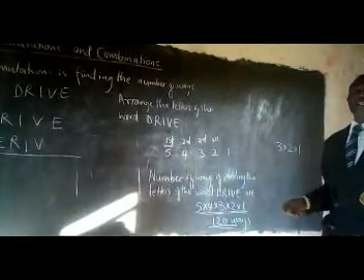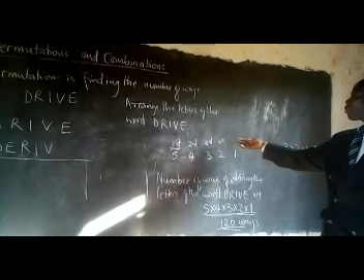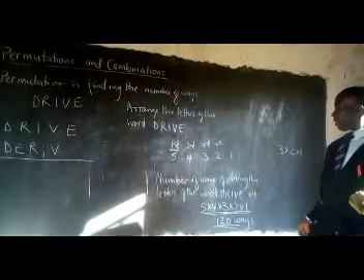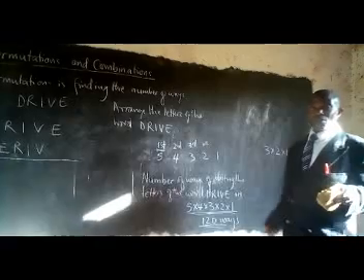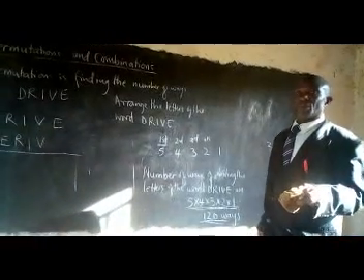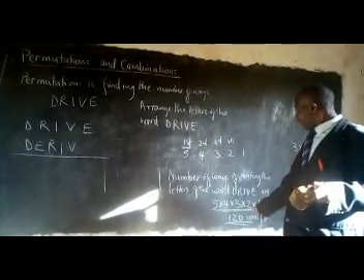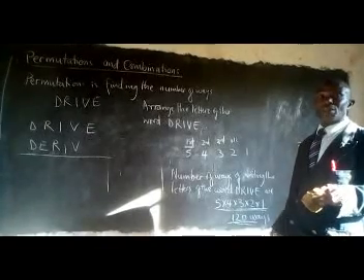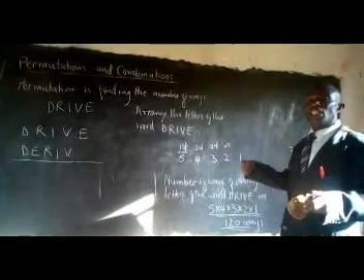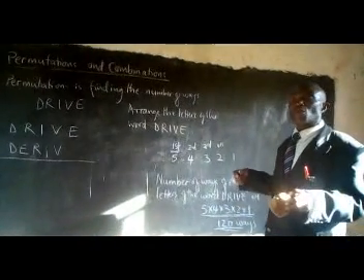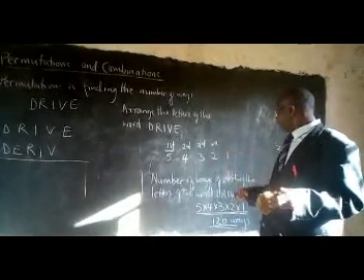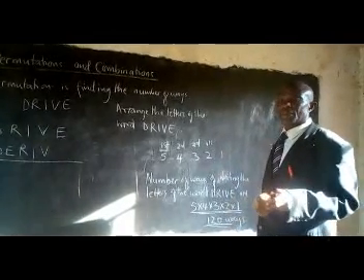If you are to arrange those letters, you must be ready to come up with such a value. It's a big value. It means that you need to do a lot of work if you are to be writing down the different forms. There are very many.